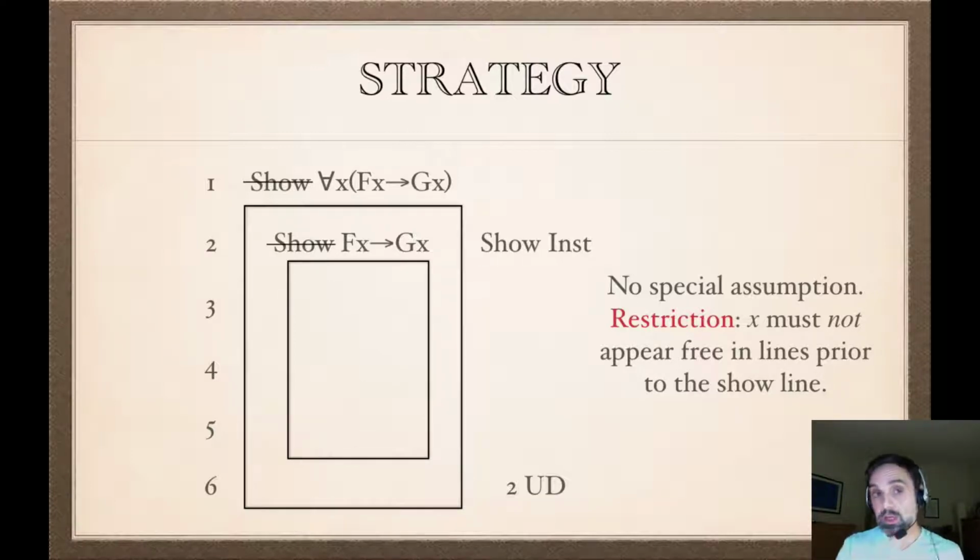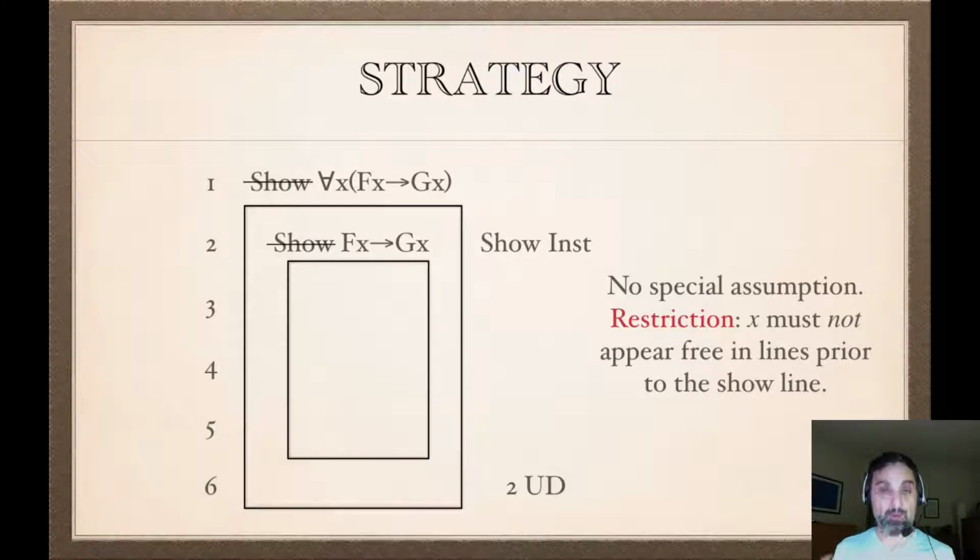Because you can then make an assumption off of your second show line. When you finish, box and cancel the instance, and you can immediately do a universal derivation of the initial show line. But also, this second show line lets you make an assumption, and that will help your reasoning proceed.